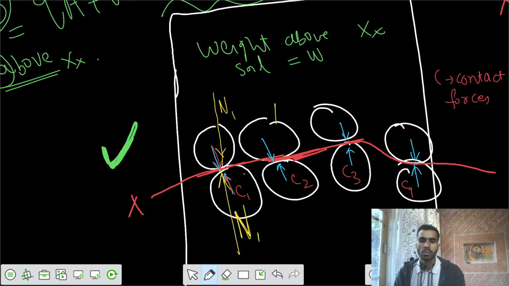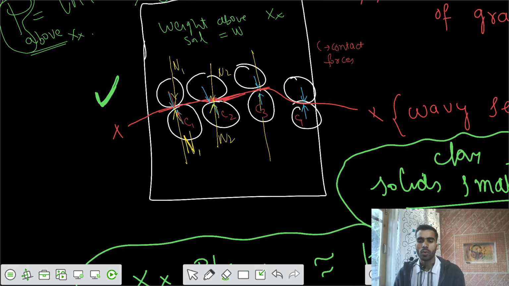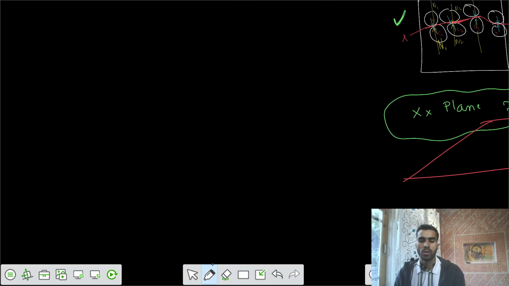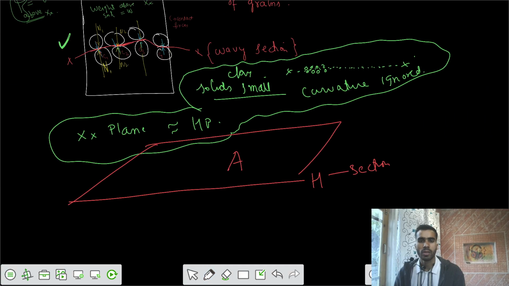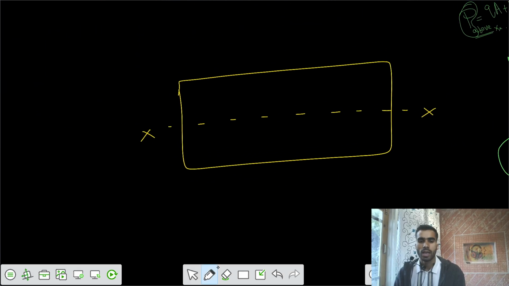Similarly here there is N2, and so on and so on. So we are going to take those vertical components and idealize it. This is our cross section now, because we have assumed that the soil solids are very small and the curvature is ignored, and we take this as the XX cross section.